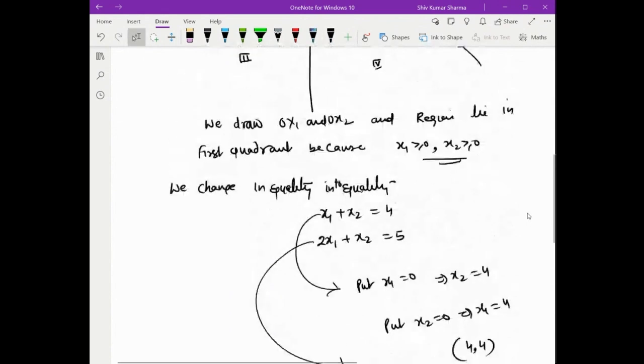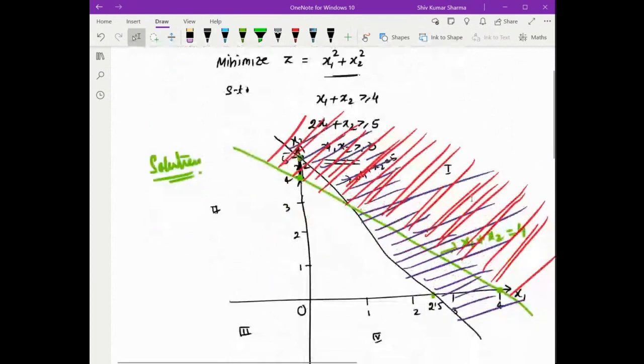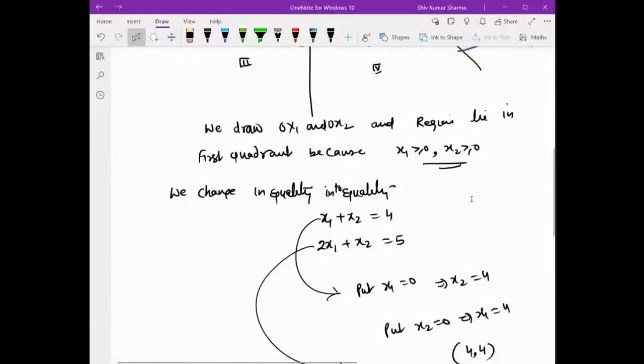The objective function is x1 square plus x2 square. So we draw, taking a radius of k, k square. On the basis of the radius, we find out whether it is concave or convex. To check this, we check the gradient.